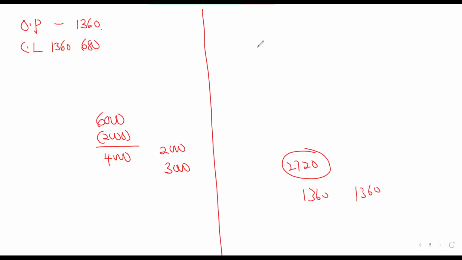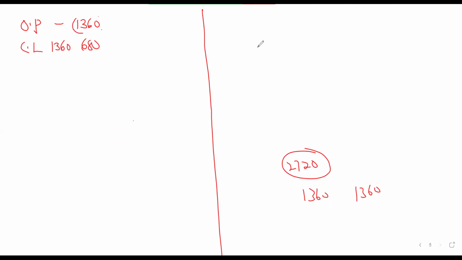How many quantities do we have to produce? 7,000. We have to produce 7,000, isn't it? Yeah. Okay, so this is calculated as 6,000 minus 2,000 plus 3,000. This is the sales, this is the opening stock, and this is the closing stock. So your opening stock will always be subtracted.